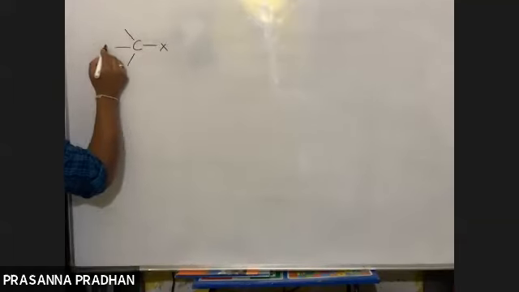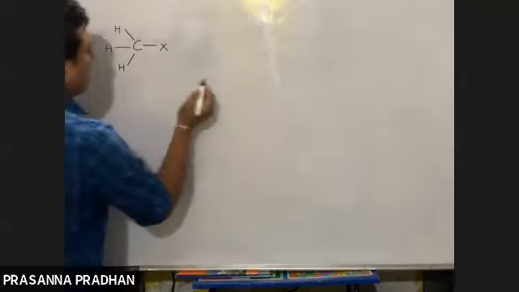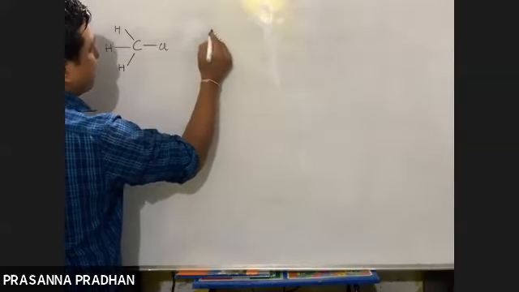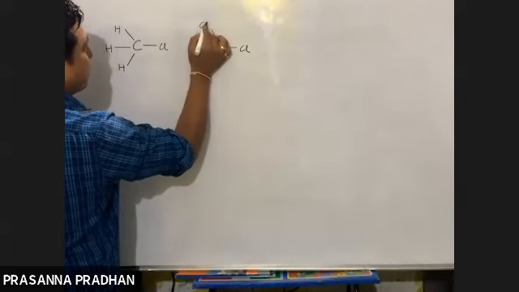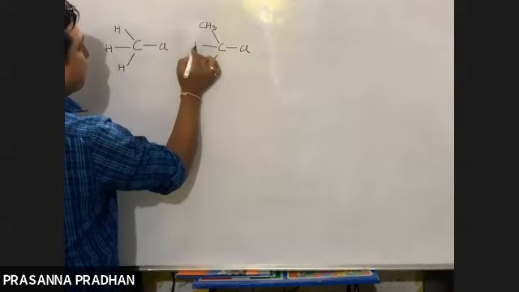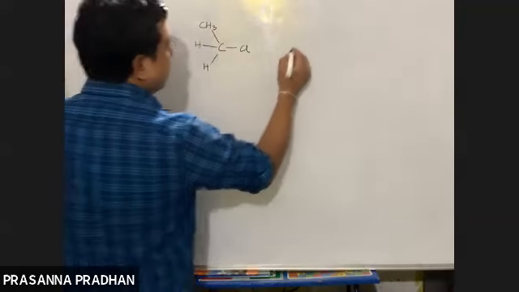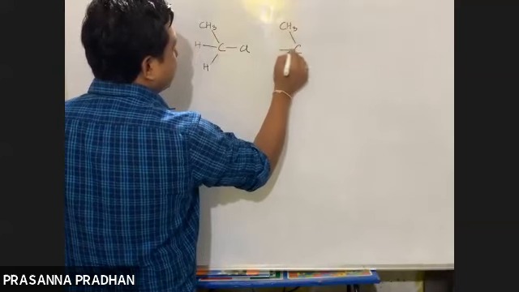Suppose the leaving group is the same, so here I have 3 hydrogens and chlorine. I'm going to draw another molecule like this. I'm going to substitute one hydrogen by a methyl group, so this is CH3CH2Cl. Next, I'm going to substitute one more hydrogen by a methyl group.